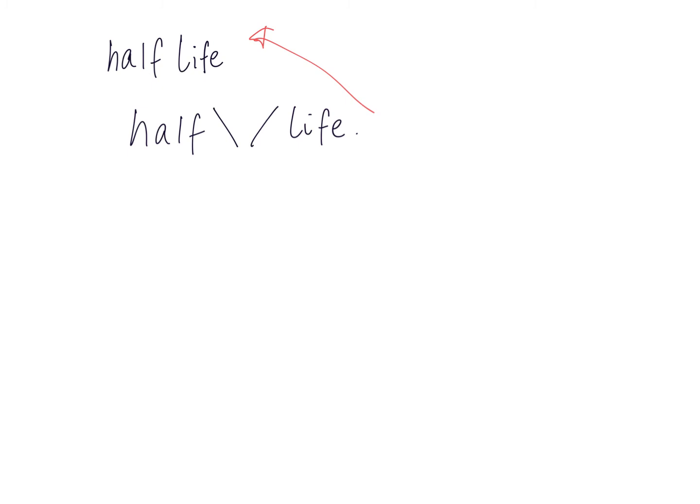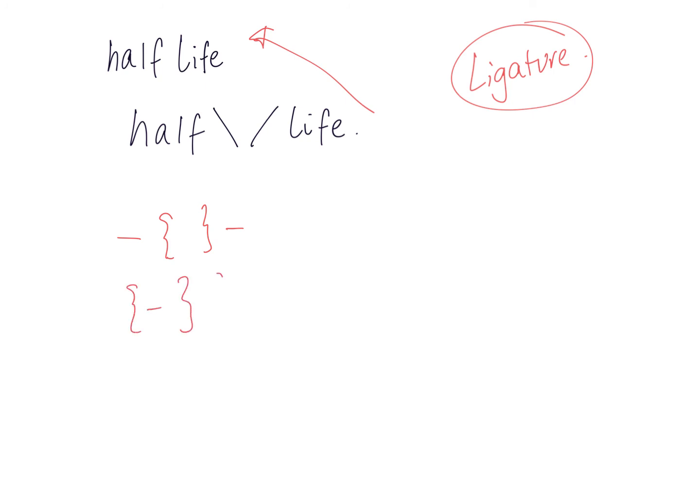So this is part of a thing called a ligature, which just means that you're writing it in such a way that you can connect the two. So ligatures. You can also use curly braces to create the same effect. So if I wrote something like this or something like this, you'll get these two dashes.